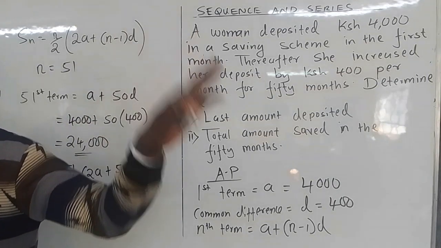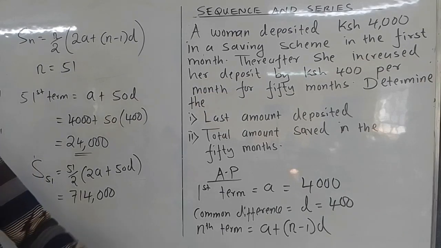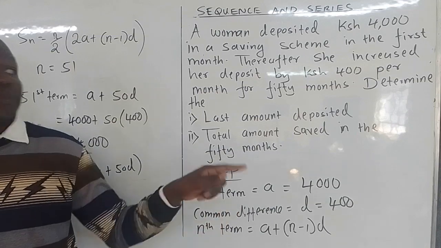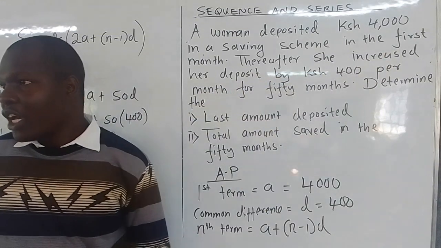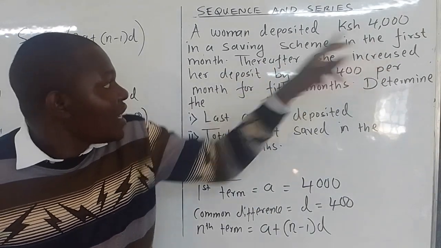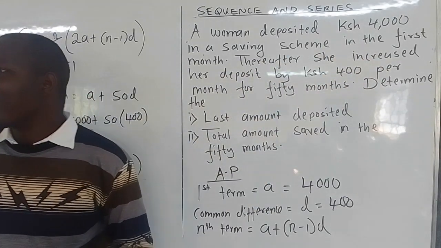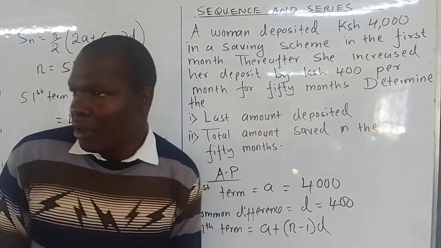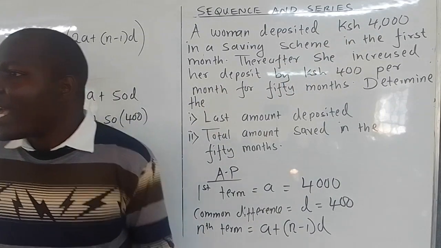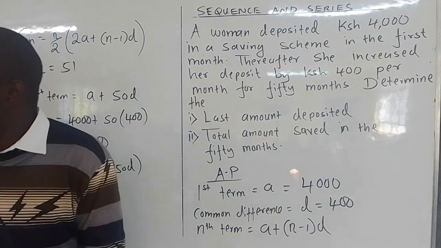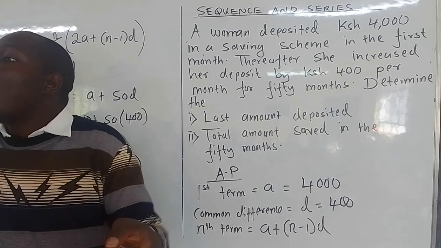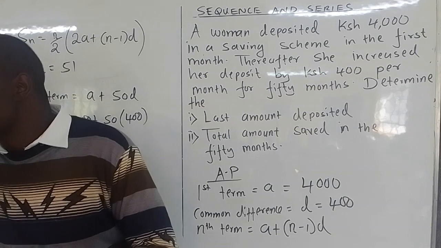The first term was the initial deposit, isn't it? But the question is the total amount saved in those 50 months, because the 50 months is where there was an increase. Remember, you have to understand the question. Thereafter, she increased her deposit by 400. Not that thereafter she deposited 400. She increased the deposit. Meaning the next deposit I will make is 400 shillings higher than the previous deposit I made.